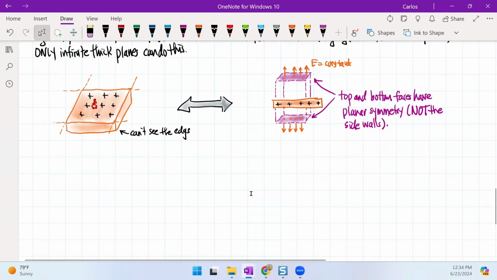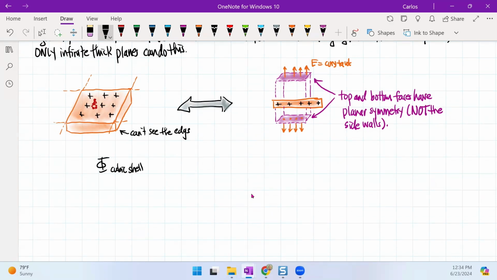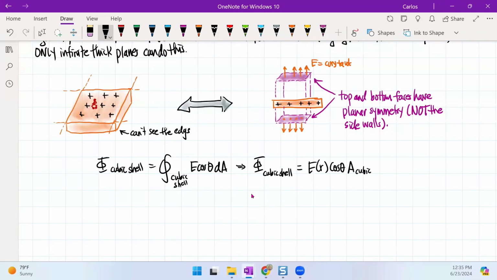So for Gauss's law, just moving along quickly here, we could then say that the flux of a cubic shell is then this guy, which will be E cosine of theta dA, which then tells us that I could now write the flux of this guy as E sub r cosine of theta, the area of this cubic planes.